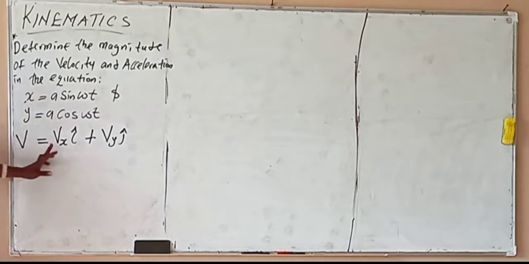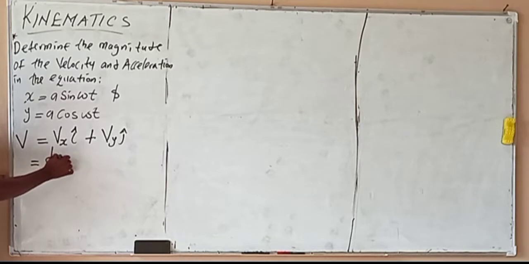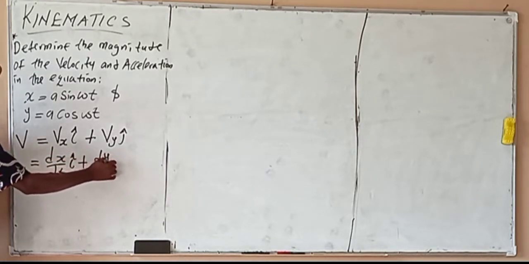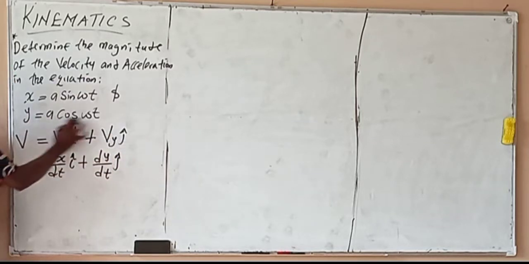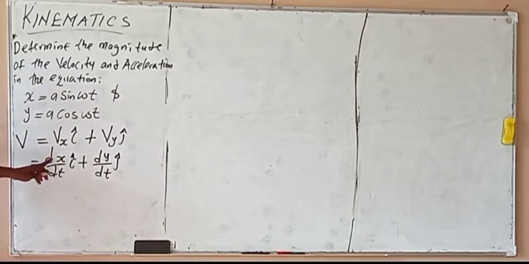Now remember, velocity is what you get if you differentiate displacement, so that will be something like dx over dt i plus dy over dt j. These are just the components of the displacement in the x and y directions.